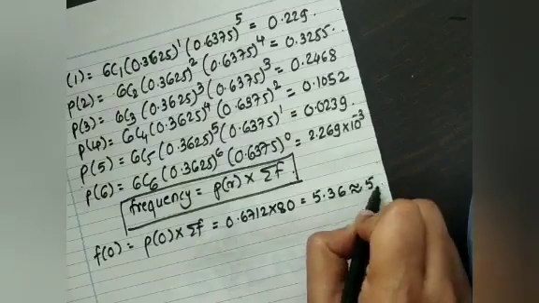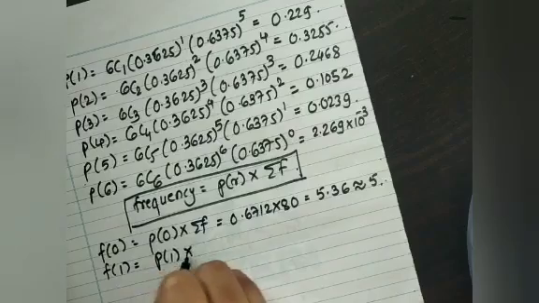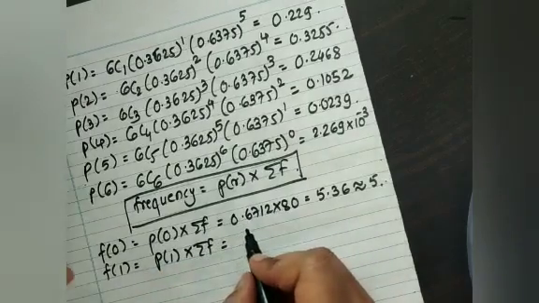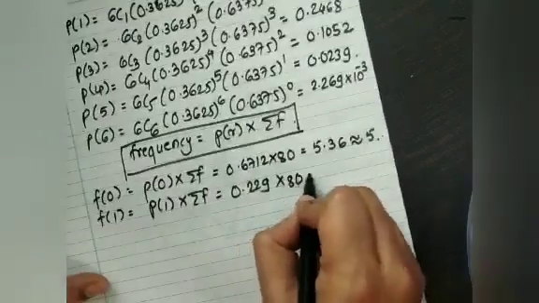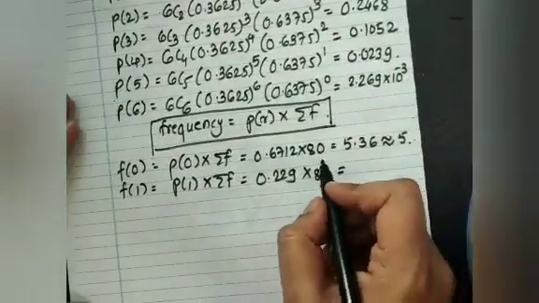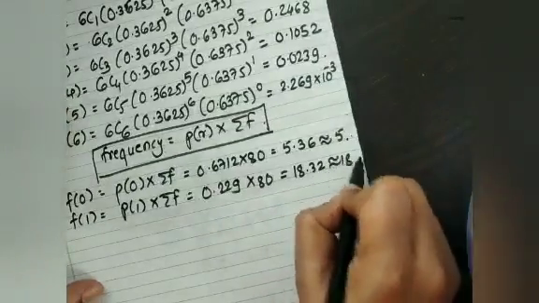Approximate it is 5. Next, frequency of 1, probability 1 into summation f, that is 0.229 into 80, which is equal to 18.32, that is 18.